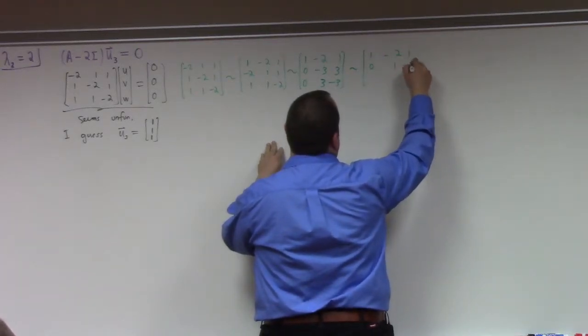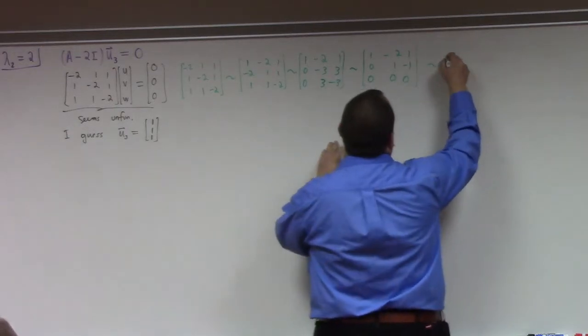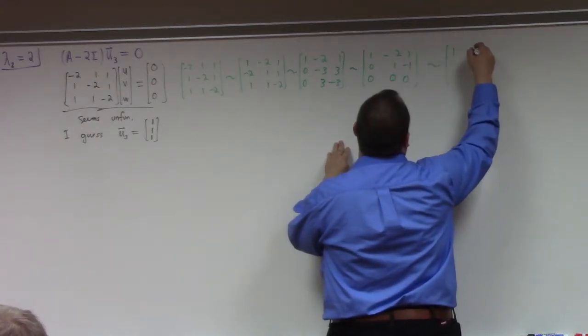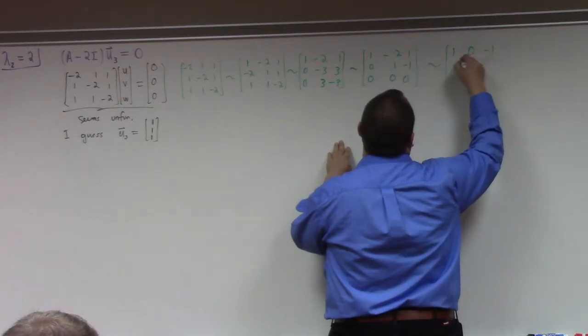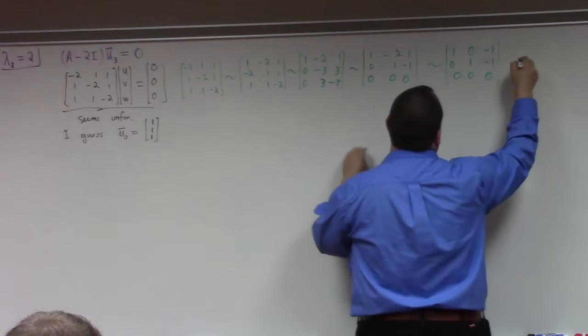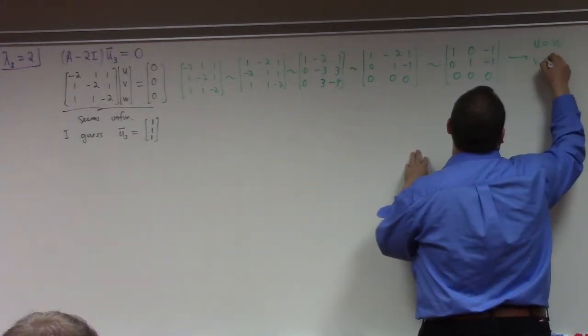After a few steps, I get this, all right? And then that basically tells me that u is equal to w and that v is equal to w.